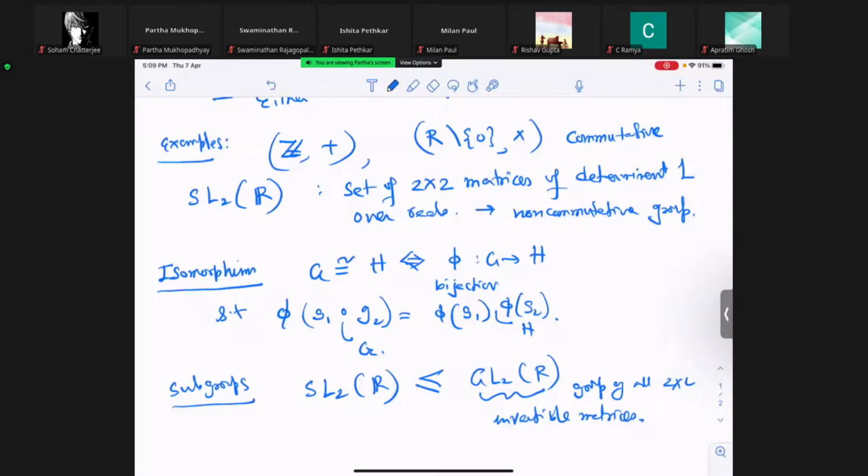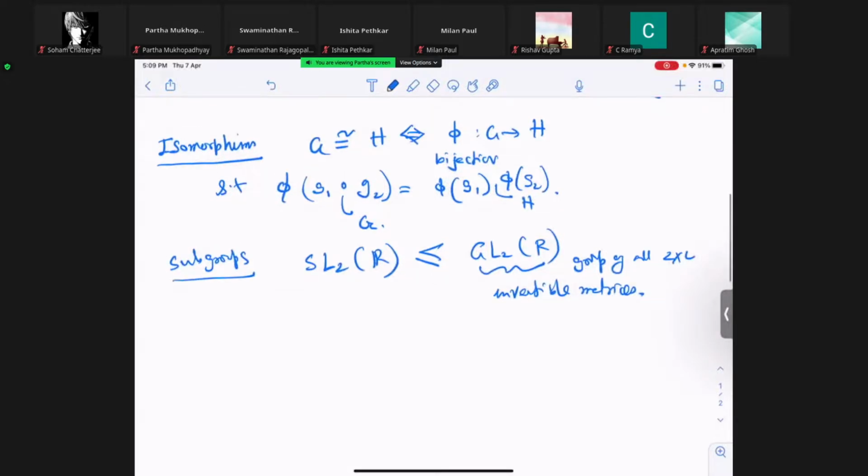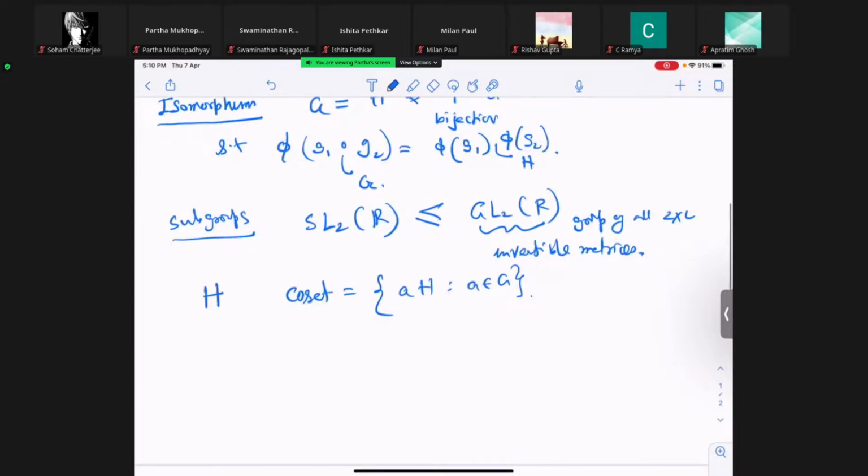So for a subgroup H, we have this notion of coset. And there are some basic properties of cosets.